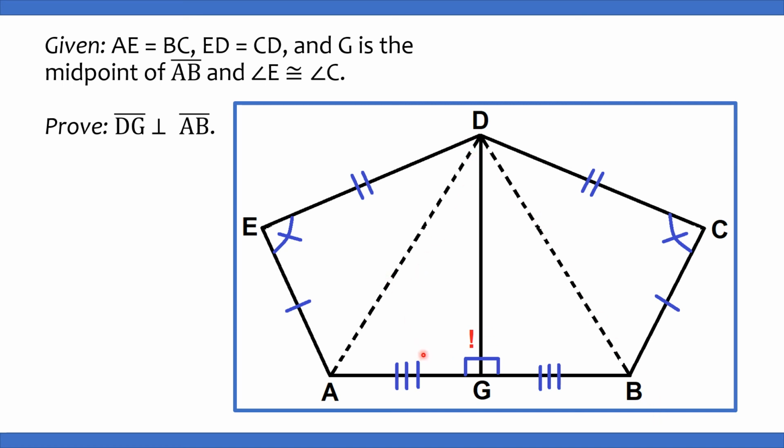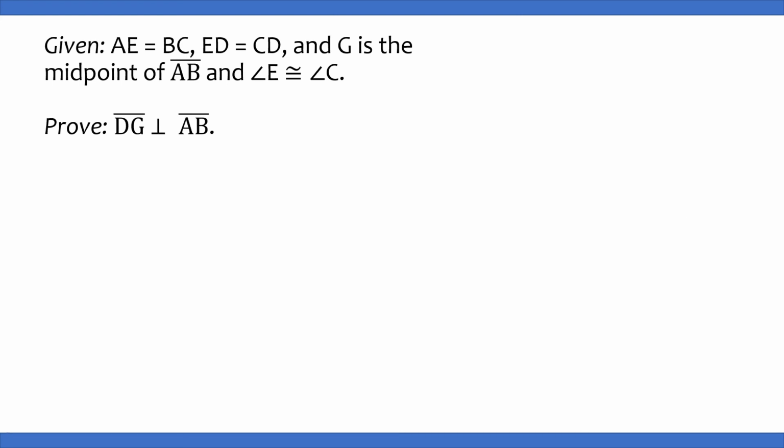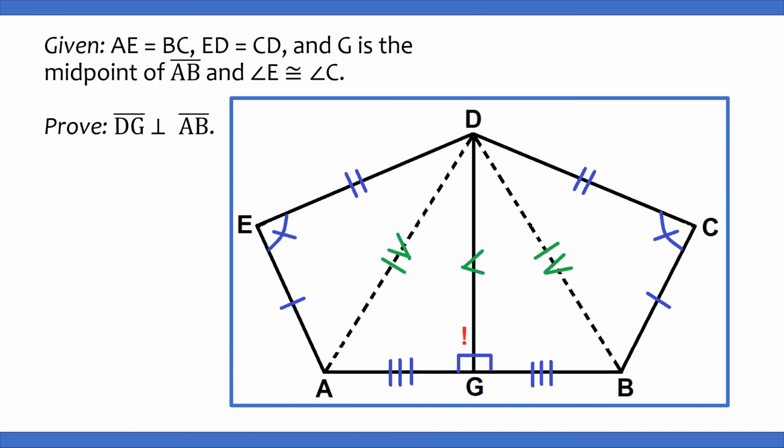So, we now have 2 corresponding parts. We have one more, the common side, DG. So, these 2 triangles are now congruent by SSS postulate.